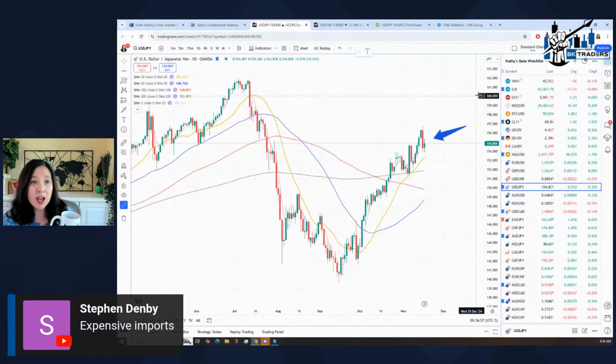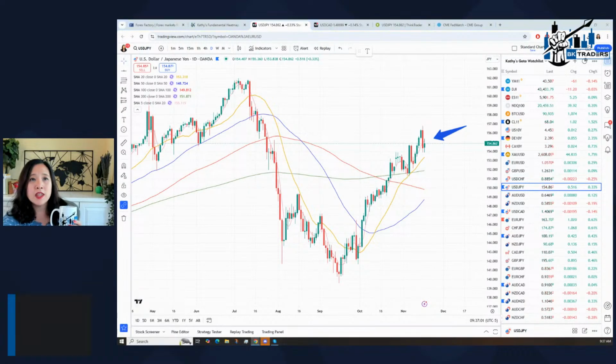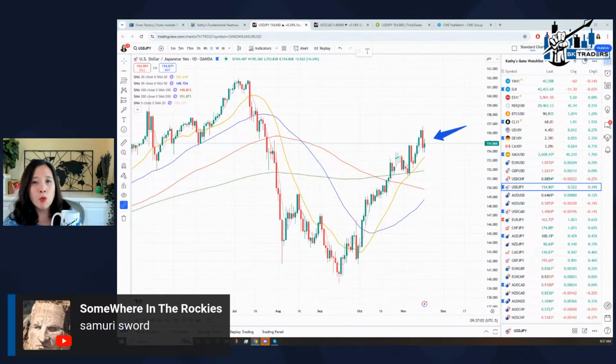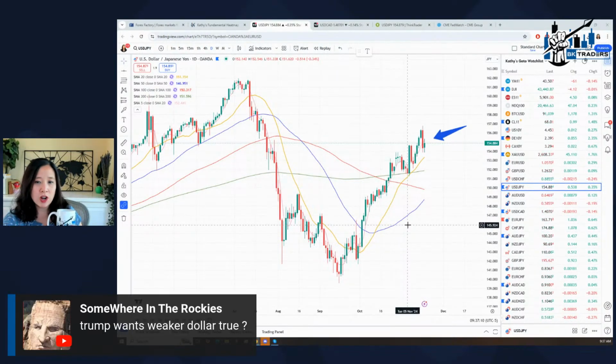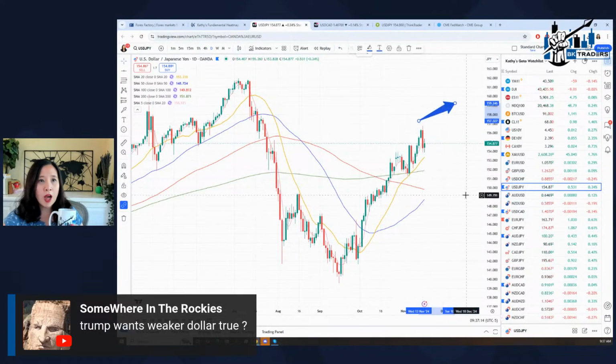But because Japan is an export-dependent economy, it is more positive than negative. That is why they're not raising interest rates. And the expectation that they're not raising interest rates is why dollar yen has been doing so well.